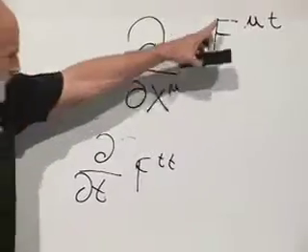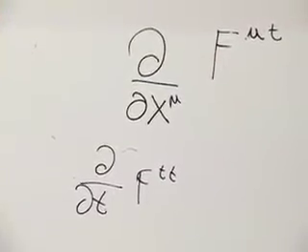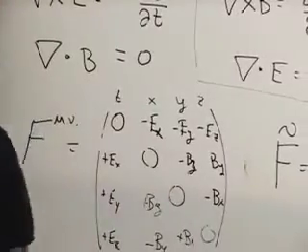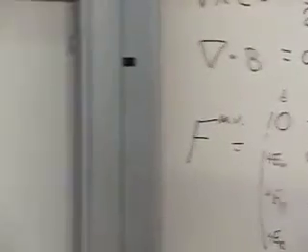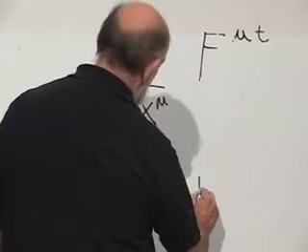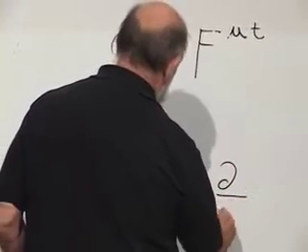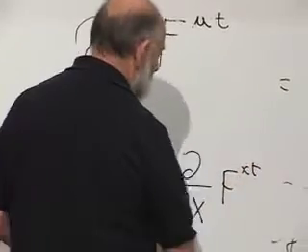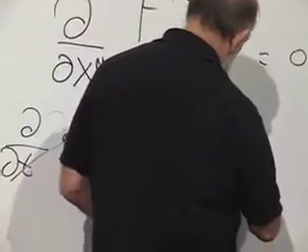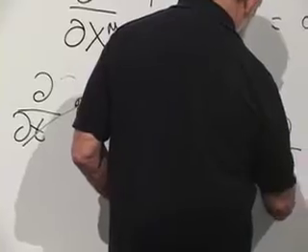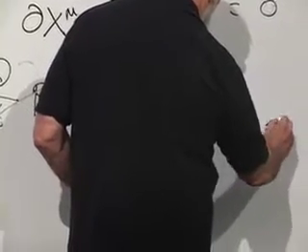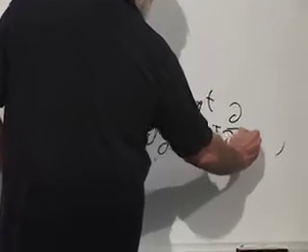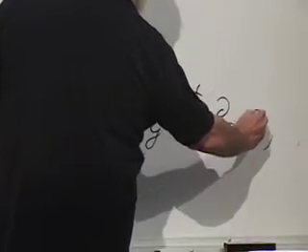That's mu equals t. But that's 0. F t t, that's right here. That's 0. And then we have, what else? D by dx of F x t plus d by dy of F y t plus d by dz of F z t.